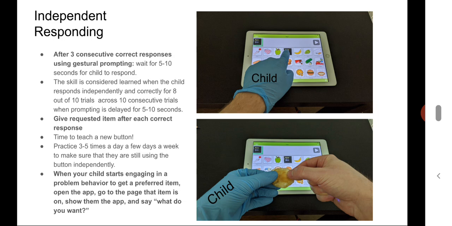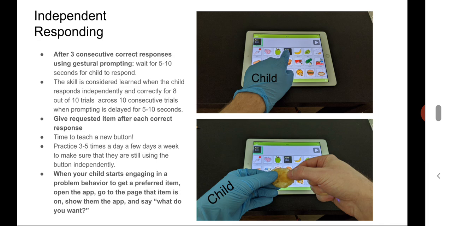The long-term goal is that they're going to see this device as their voice, and they're going to carry it around with them, and they're going to use that to communicate to you their wants and their needs. And eventually, the long-term goal is that they'll start to have more conversational abilities, like be able to comment on stuff, tell you about their day, tell you how they're feeling, stuff like that. But right now, we're just working on requesting stuff.